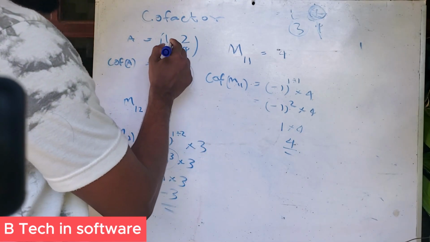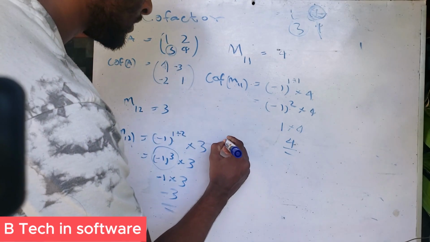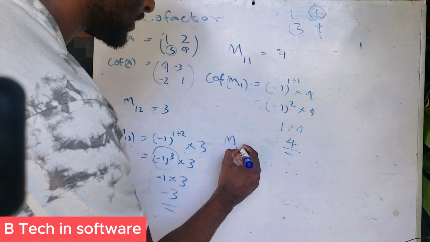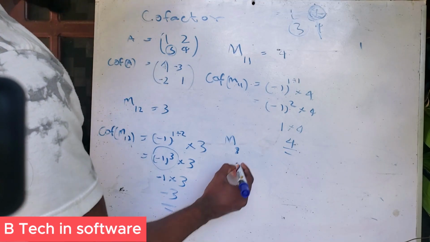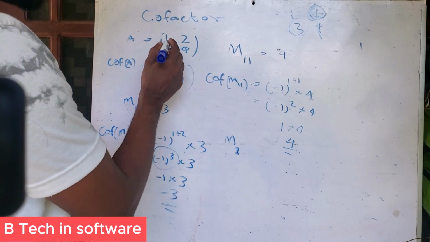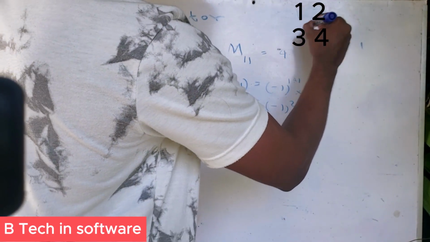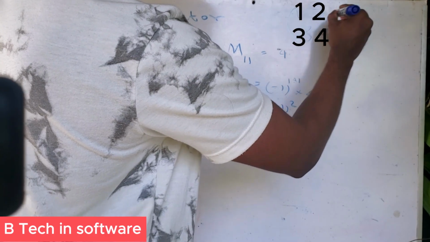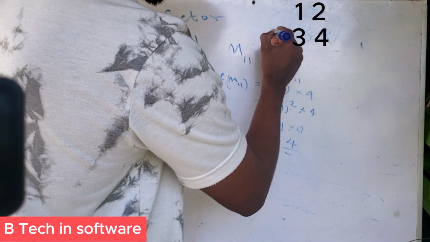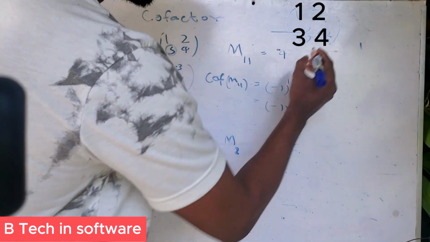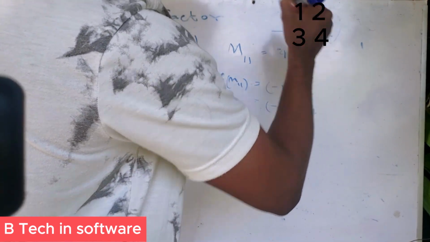Find the cofactor of this third element. To find the cofactor of this third element, we need to find the minor of this third element. Now you can see 1, 2, 3, 4. This third element is located at second row and first column.